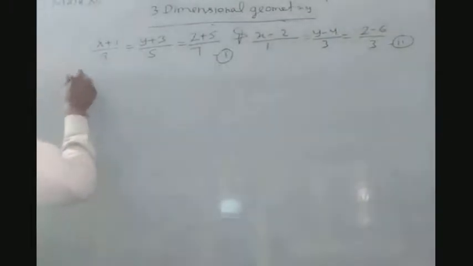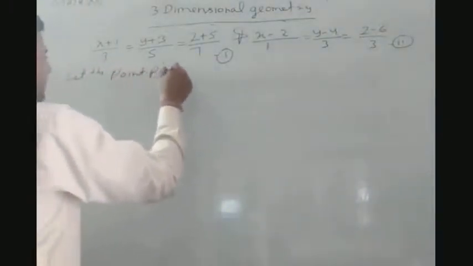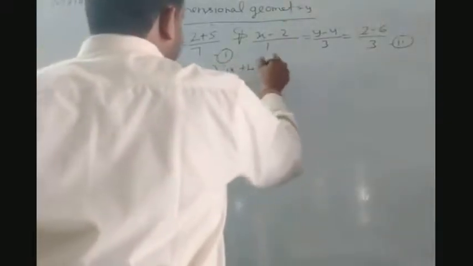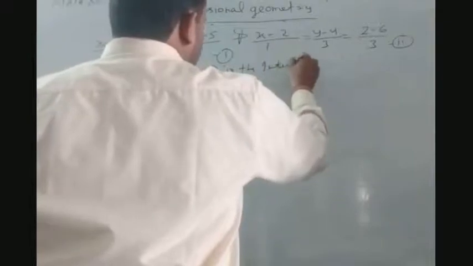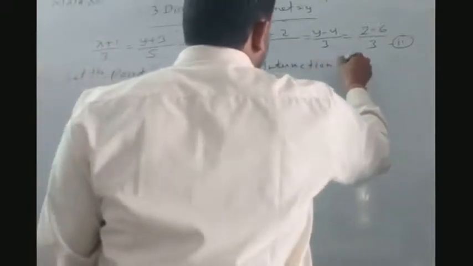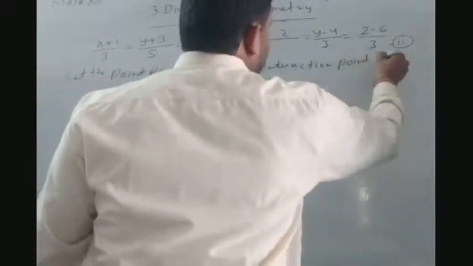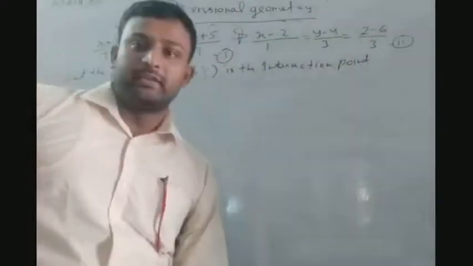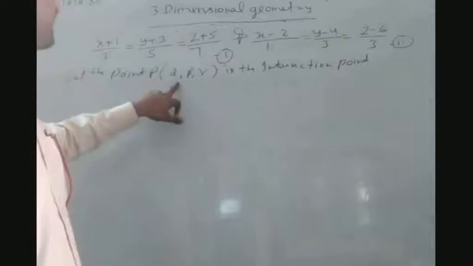If P is the intersection point of both lines, it means that this point satisfies both equations.